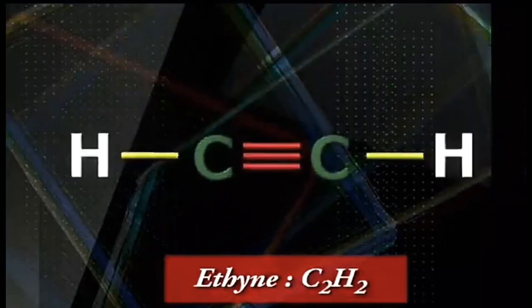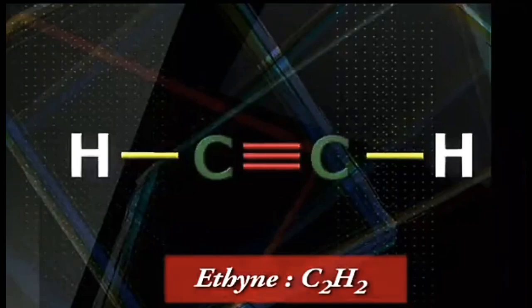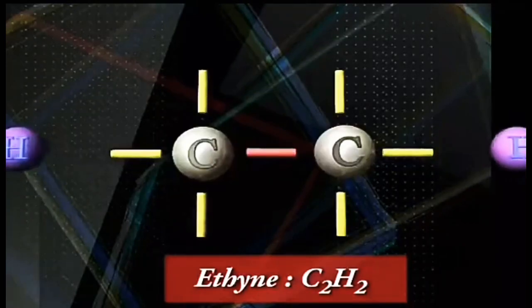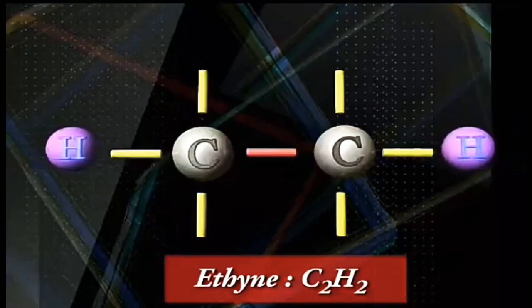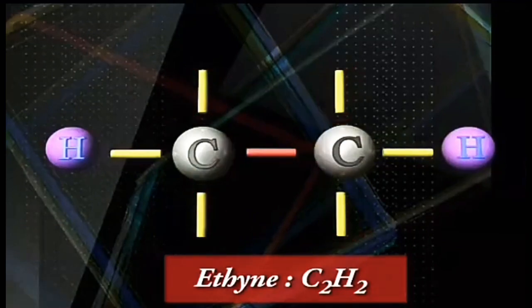Similarly, in order to arrive at the structure of ethyne C2H2, the first step is to link 2 carbon atoms with a single bond. Each carbon gets 1 hydrogen, and 2 valences per carbon atom remain unsatisfied.